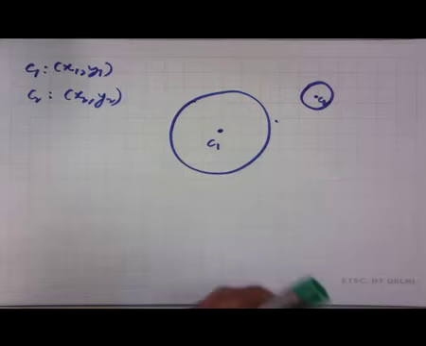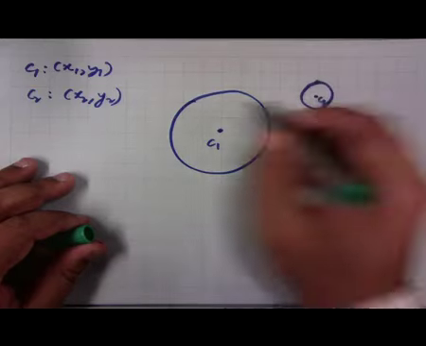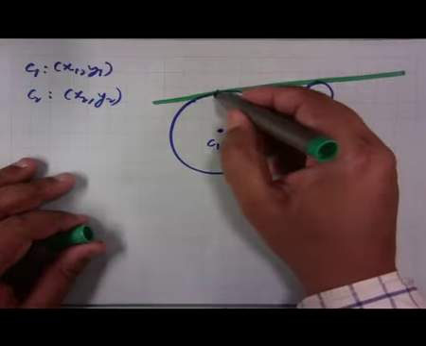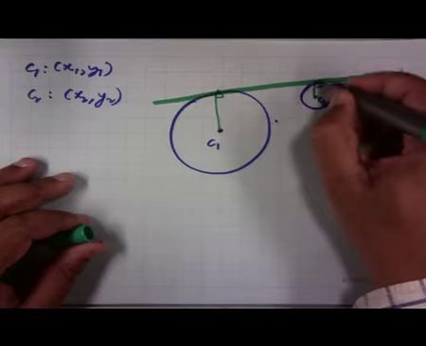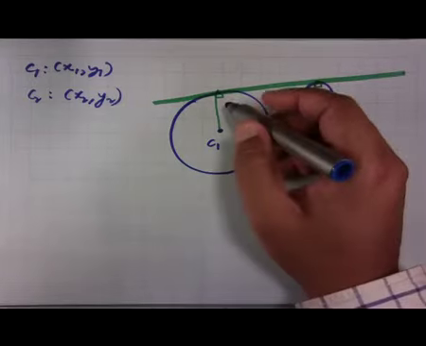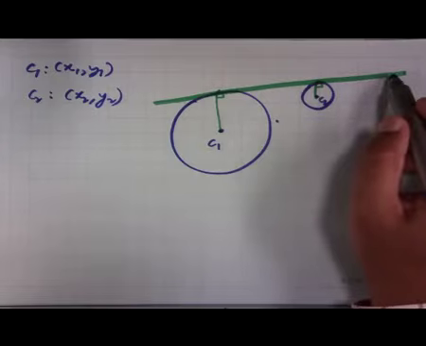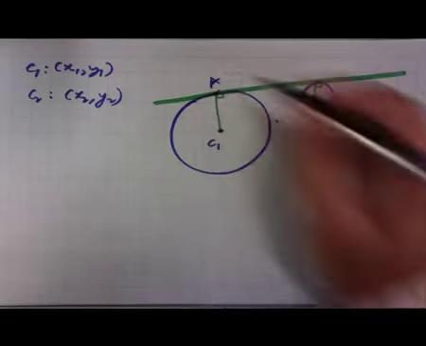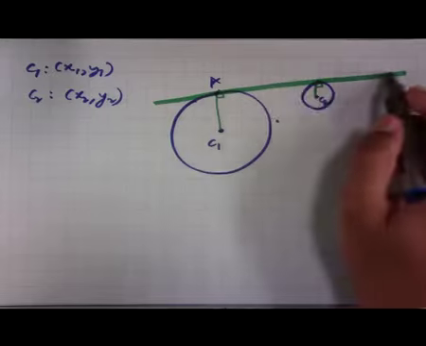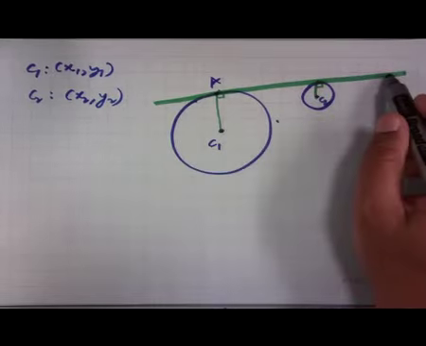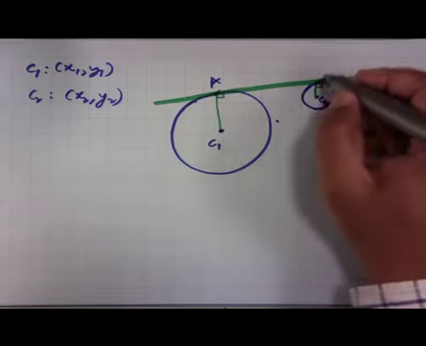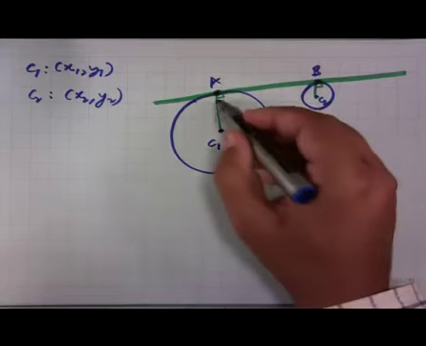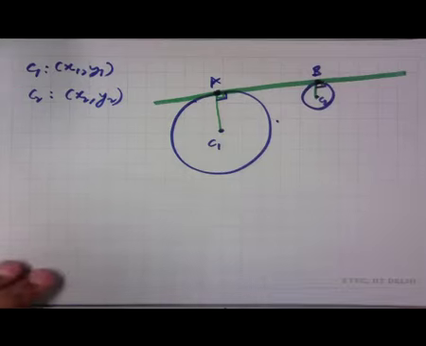Now, let us consider this common tangent. Let the point of contact of this direct common tangent to the first circle be at a point A, and the point where this direct common tangent touches the second circle, let that point be B. So, this is A, this is B. Clearly, these angles are 90 degrees.